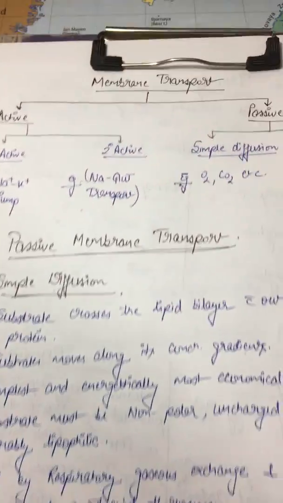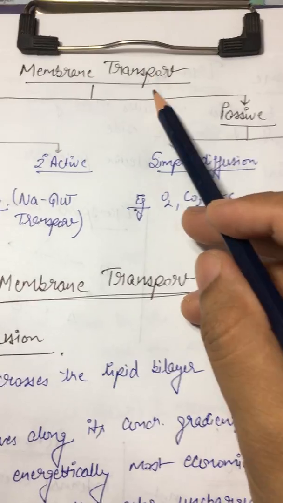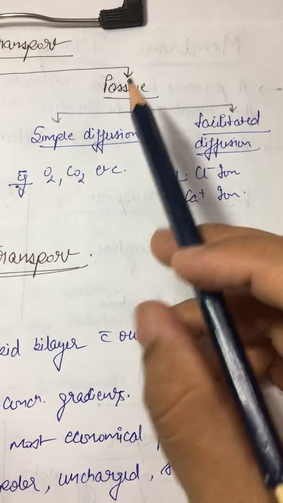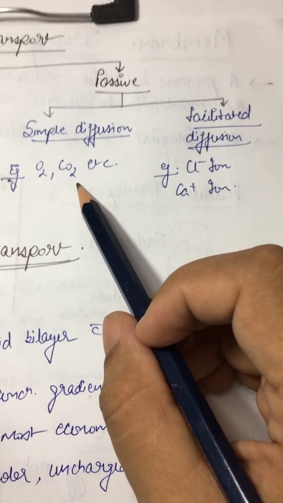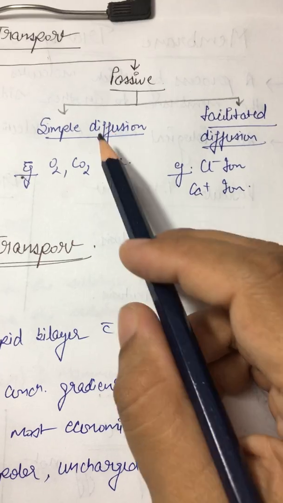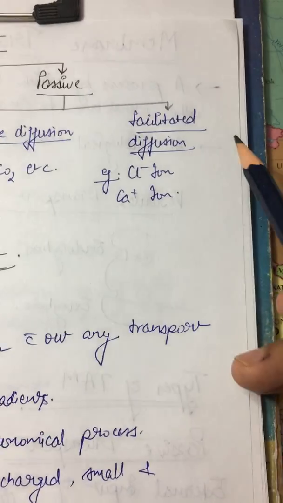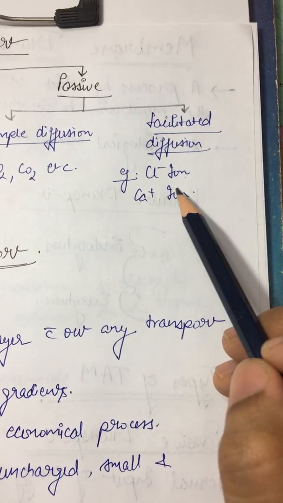So in the flowchart diagram, membrane transport is divided into passive and active. In passive we have simple diffusion, for example oxygen and CO2 in respiration. Here we have a direct passage of substrate through the bilayer. Then we have facilitated diffusion, for example chloride ion and calcium ion.